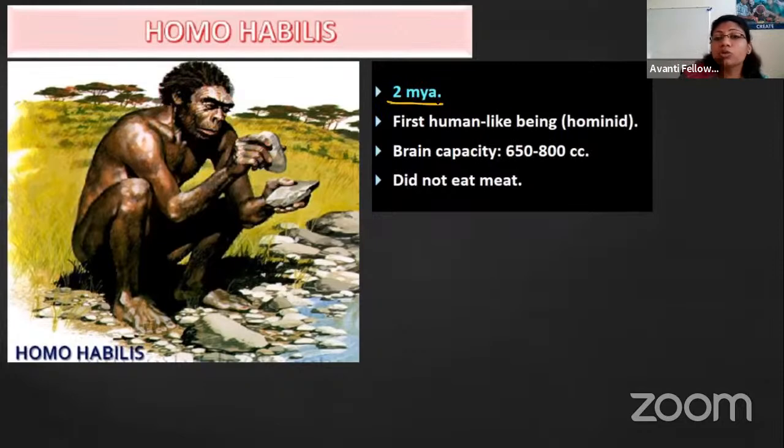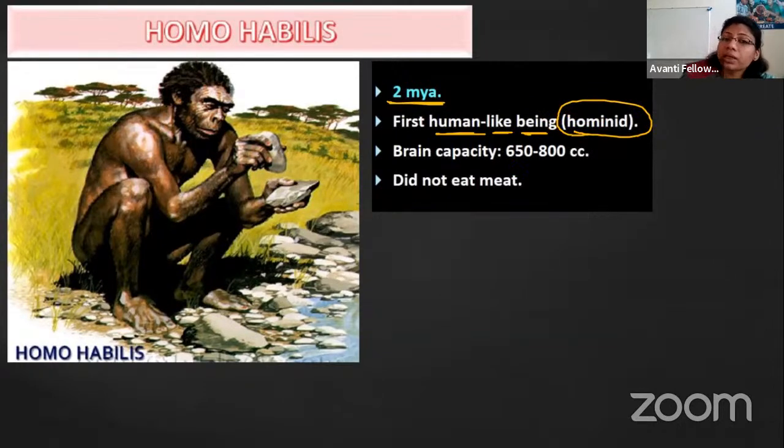According to the carbon dating of the fossils, we can say they appeared 2 million years ago, and they were the first species which is just human-like. If something is human-like, we can use the term humanoid.